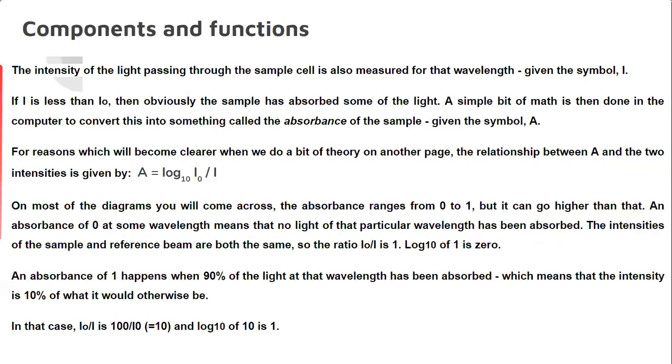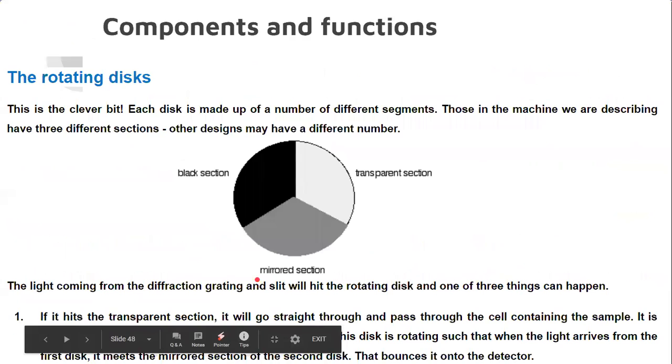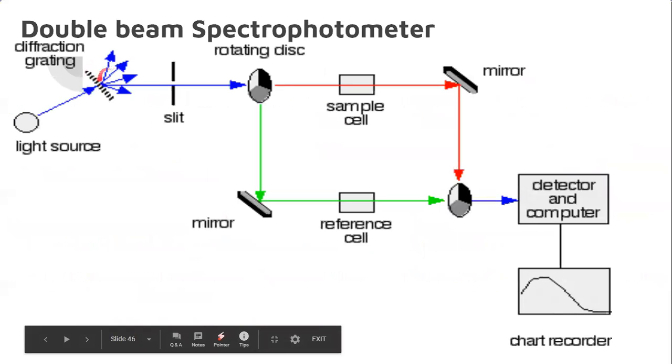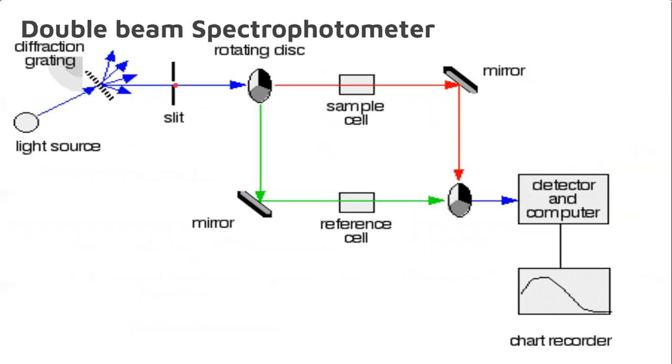See here what happens through this slit. By rotating this, we are allowing a narrow range of the different wavelength components at once. Suppose we are using visible light, that is the range of 400 to 800.